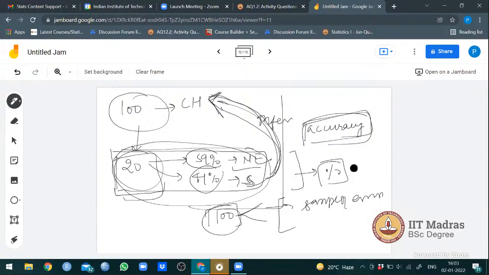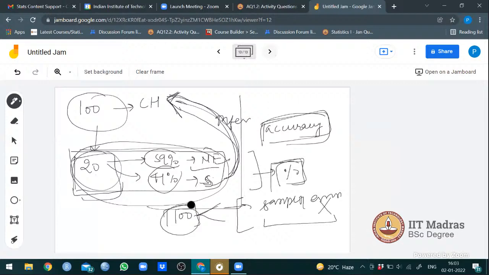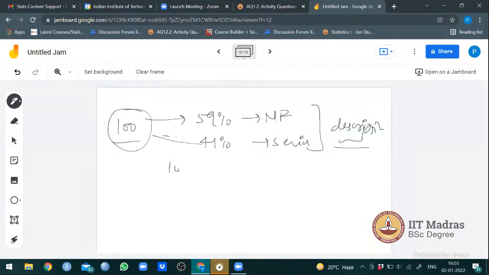For example, can I say I have cool drinks I need to test? I took a sample of 100 cool drinks, sir, and I checked the 100 cool drinks. Those are good. So can I say my cool drink company is fine? There are no problems with my cool drinks. You can say according to your analysis. Suppose you did the sampling on more of the data.